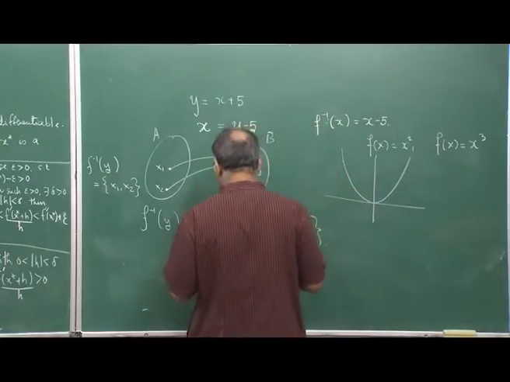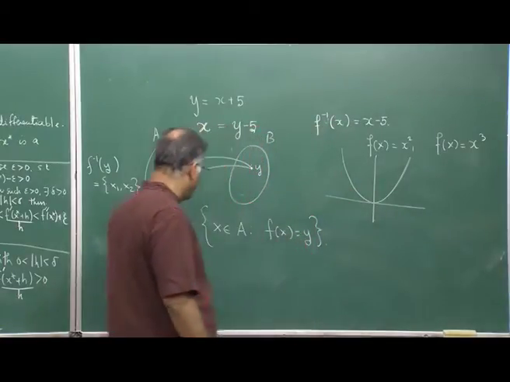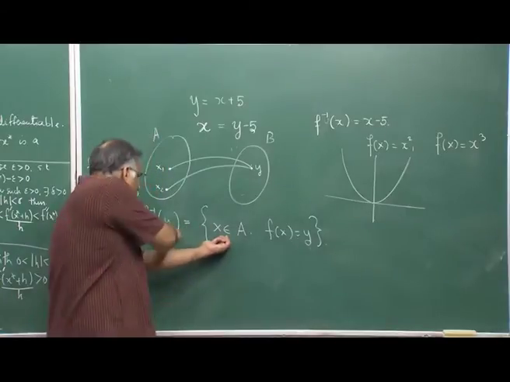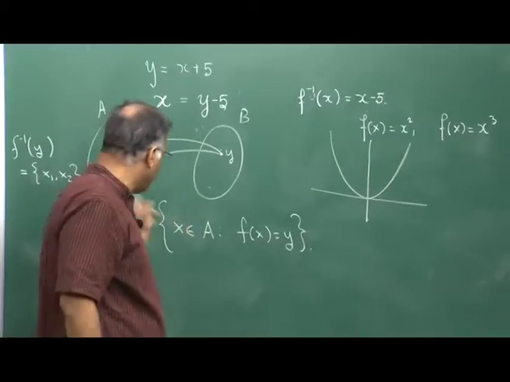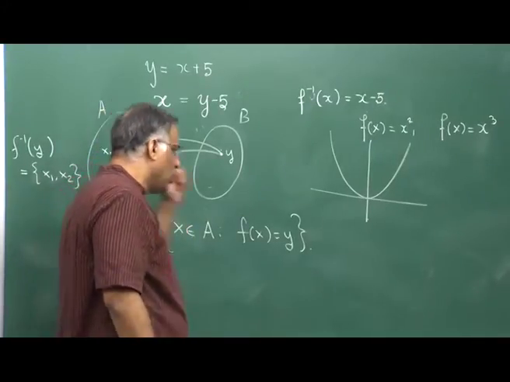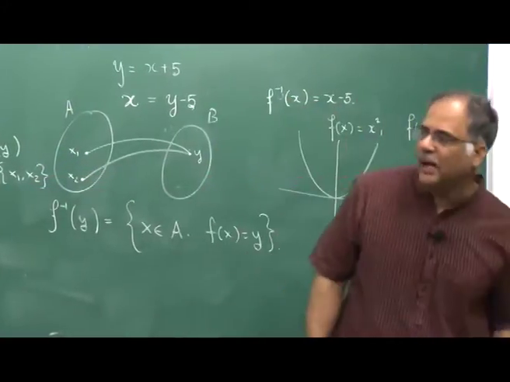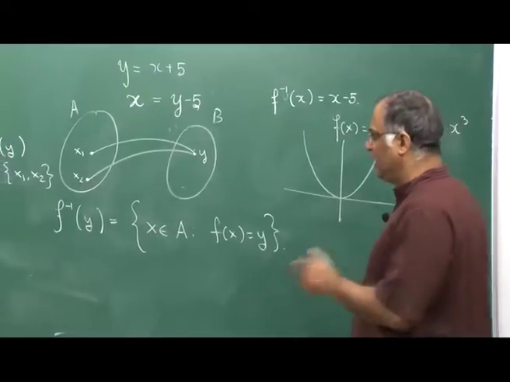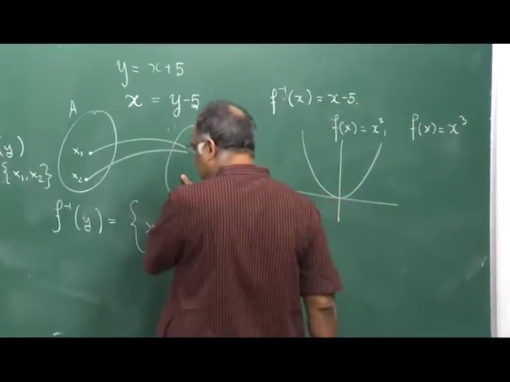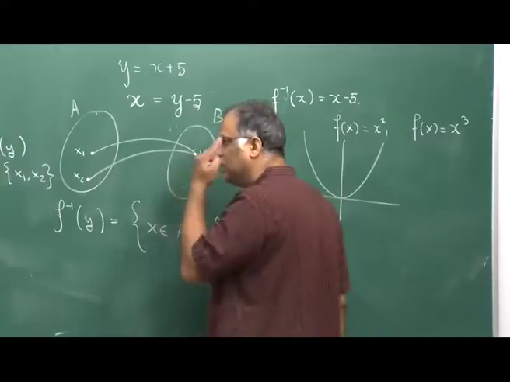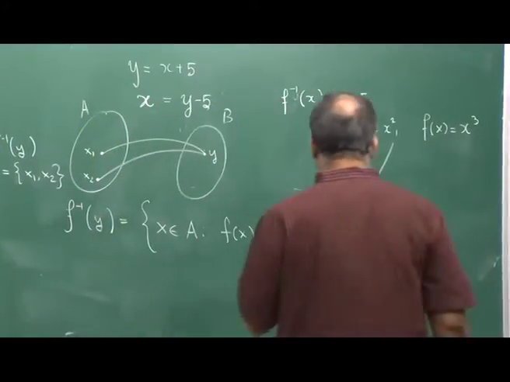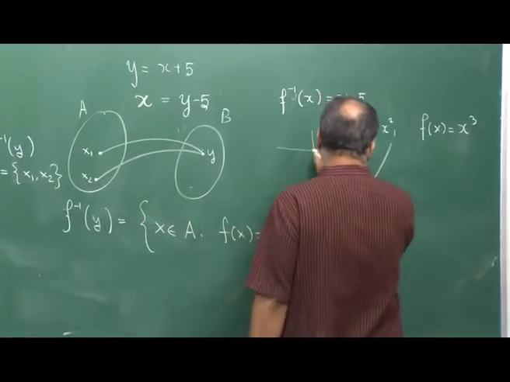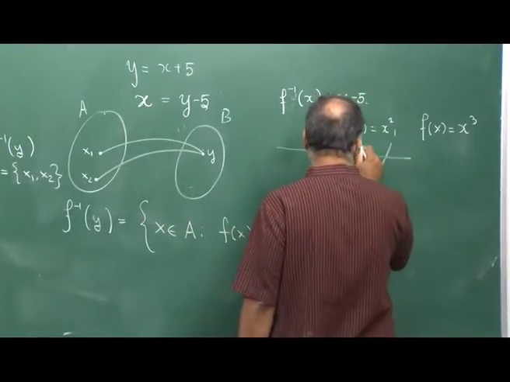If the inverse image, for a given y, has more than one element, then this inverse is not a function; it is called a set valued map. But for every y in B, if the inverse image has only one element x corresponding to it, then we said that the function has an inverse. For example, take y equal to 4.